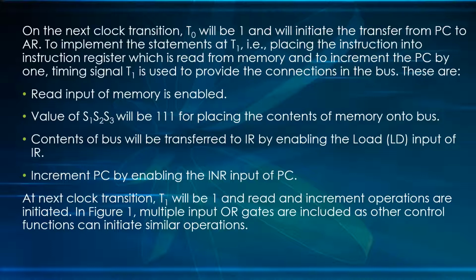Contents of the bus will be transferred to IR by enabling the load or LD input of IR. 4. Increment PC by enabling the INR input of PC. At the next clock transition, T1 will be 1 and read and increment operations are initiated. In figure 1, multiple input OR gates are included as other control functions can initiate similar operations.